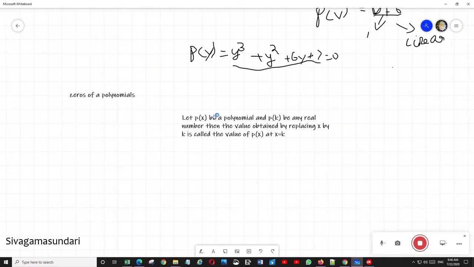Now let p of x be a polynomial and p of k be any real number. Let us consider p of x is equal to x square minus 3x minus 4, and p of k be any real number.